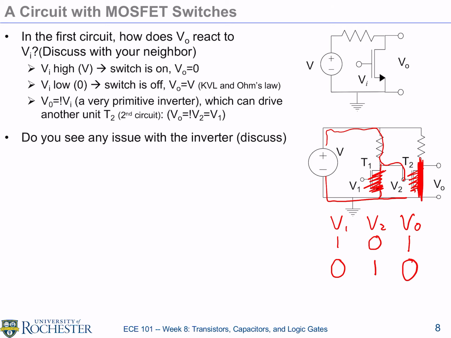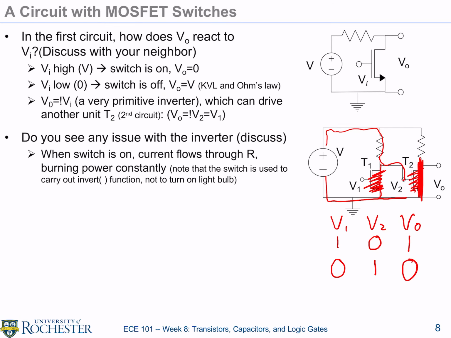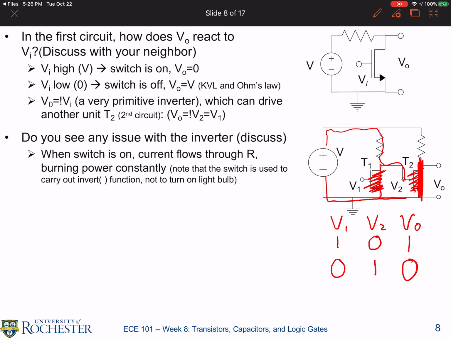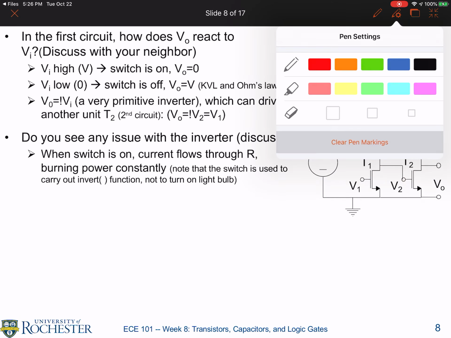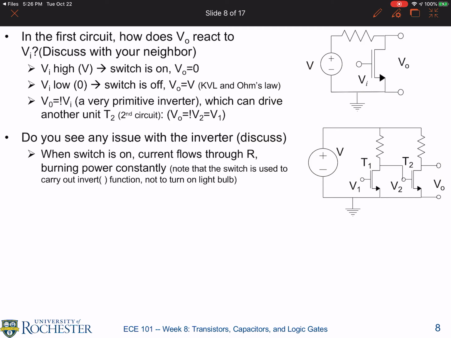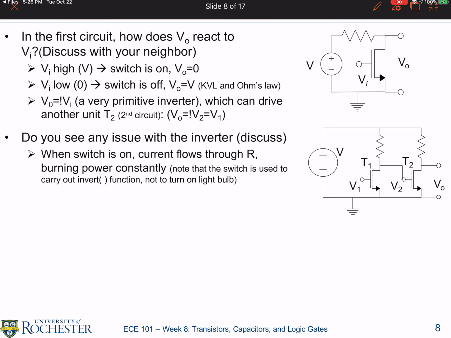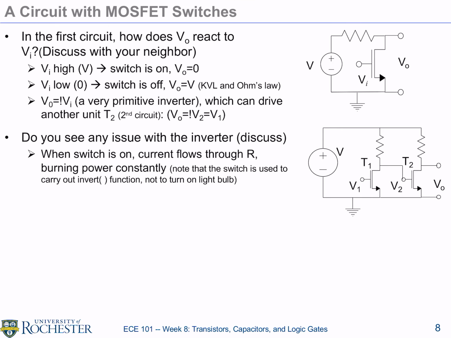So now the problem is, is this good? Again, if you haven't done this, think about it. What is bad about it? The reason this is bad is very simple. We use this as a logic device. Suppose we just want to know the inversion of V1.